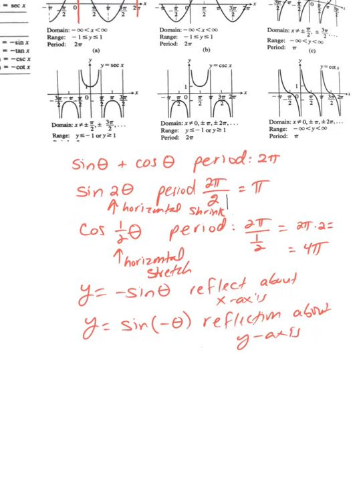Also, please keep in mind that if I were to take a cosine function and add something to it, that would be a translation up. Or if it was a -3, it would be a translation down.